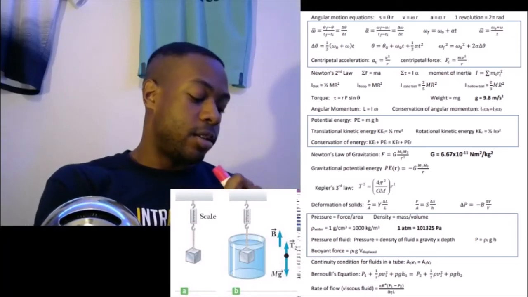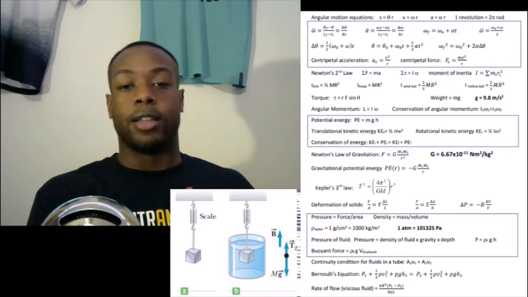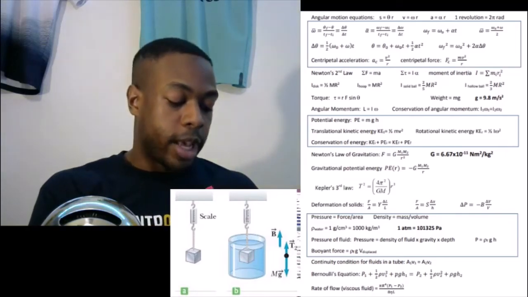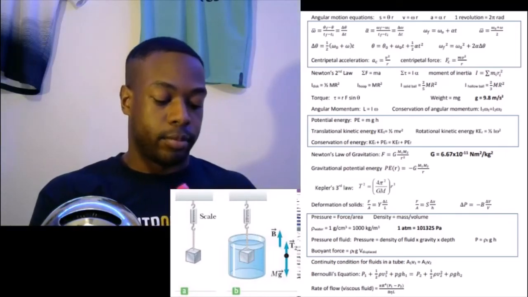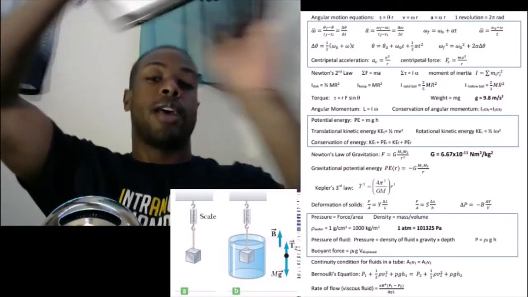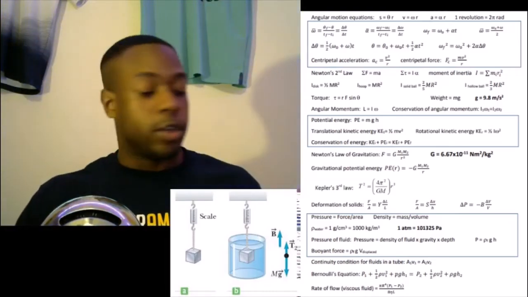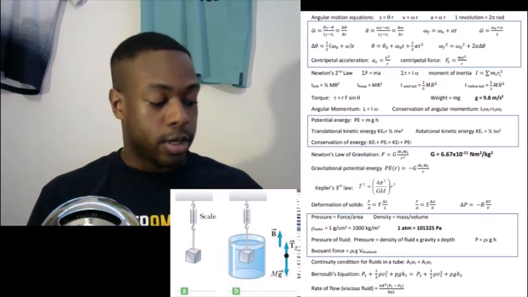We don't know what volume is. We're going to find it and use it later. And gravity we know is 9.8. So for our volume, we can just plug all those values in, do a little algebra.